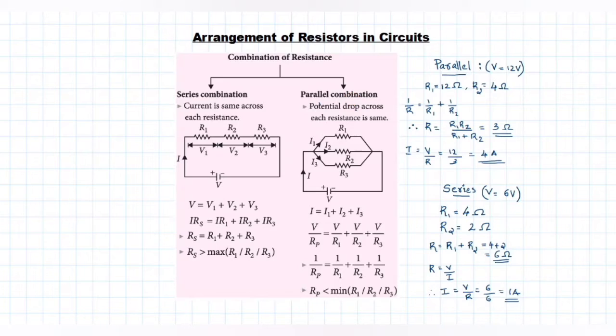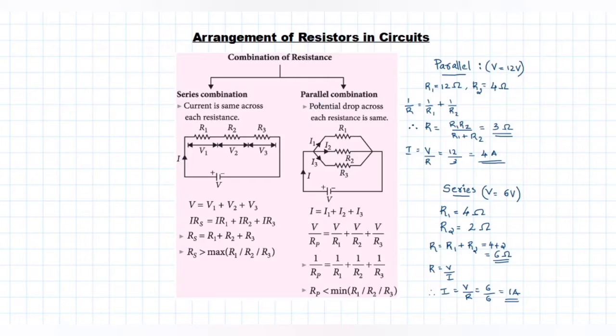So the effective current, the total current I, can be written as the combination of I1, I2, I3. Because the current I is split into three parts, and again from this point all the three currents meet together and rejoin the source. So I is a linear combination of all the three currents.